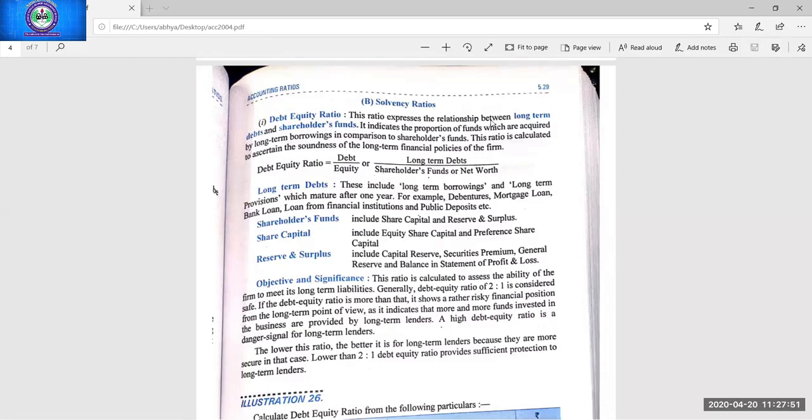Anyone can tell me the third one? Anyone? Which was the third one? Try to recall. I told you that this is a non-evaluative topic. Yes, very good.